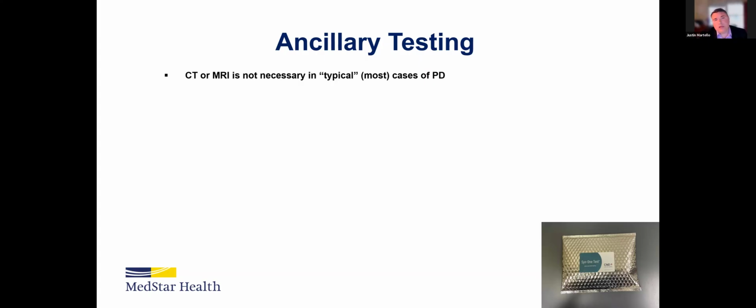Now, there are times when maybe you have something really weird or not typical with your story or your symptoms or your exam, right? And then that would definitely be a reason to start with an MRI. But with most times, if you're looking to be going the direction of Parkinsonism and someone who has typical Parkinson's disease, many times we actually don't need to get any of that testing. Like I said, it's not wrong.